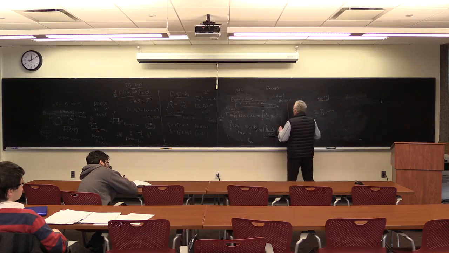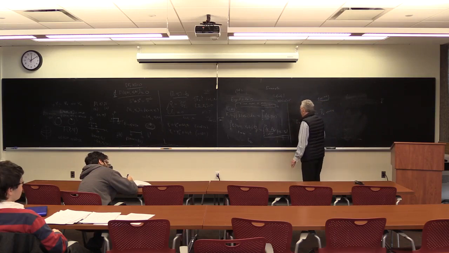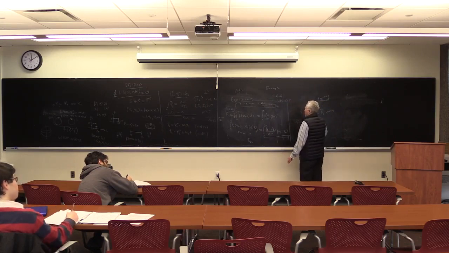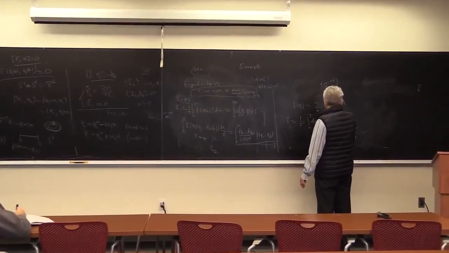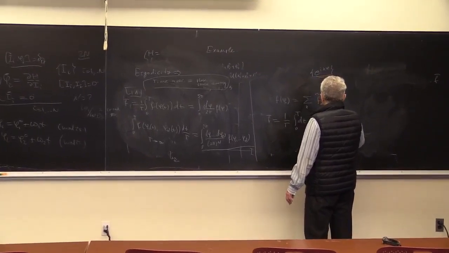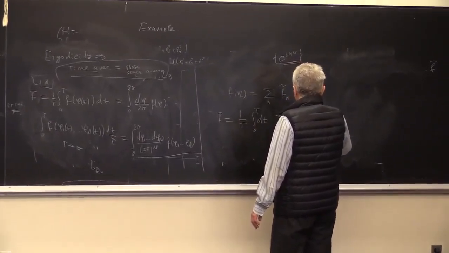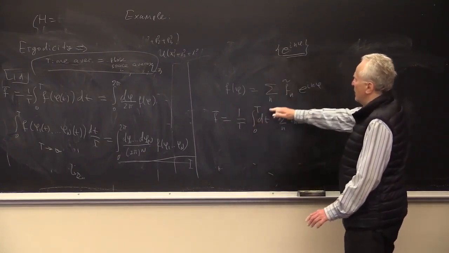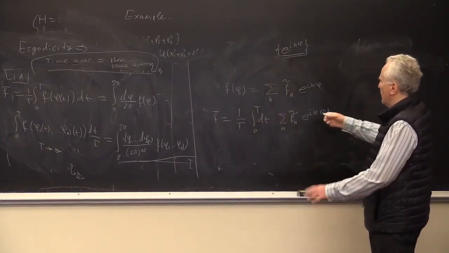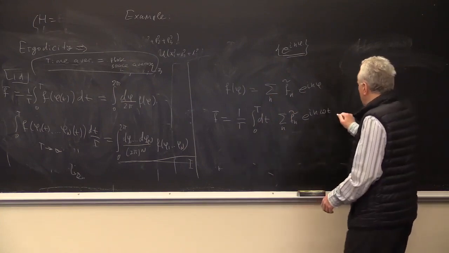All right. Now we use this, and we find that the average of f is equal to 1 over T, integral dt from 0 to T, and here I will have the sum over n, f_n tilde, e to the i n phi, and here I put omega t. I'm working out now the one-dimensional case. The multi-dimensional case will be similar.